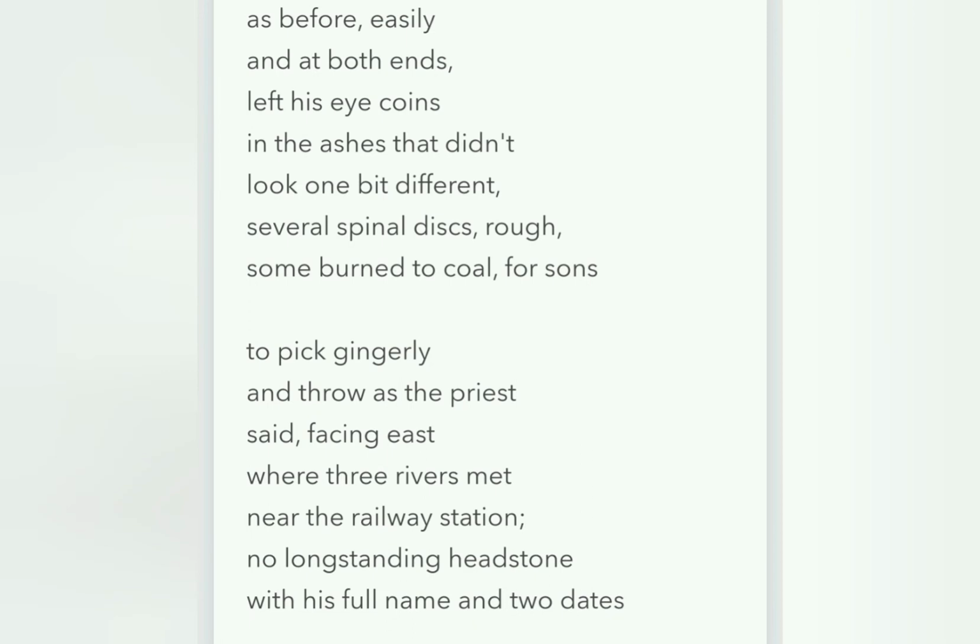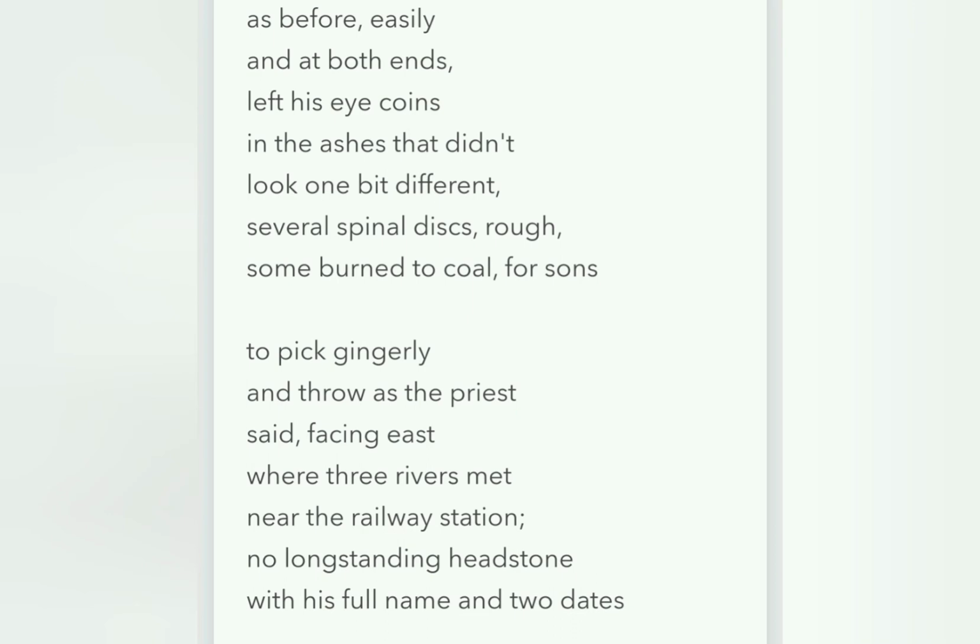In the third stanza, there is a reference to eye coins, related to the tradition of putting coins on the dead person's eyes when they are buried, or in this case, before they are cremated. The poet draws our attention to the fact that the coins didn't burn.